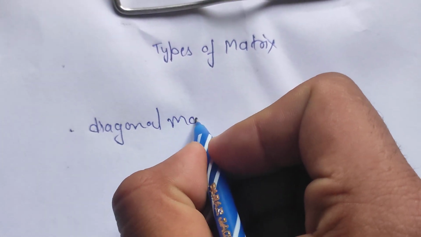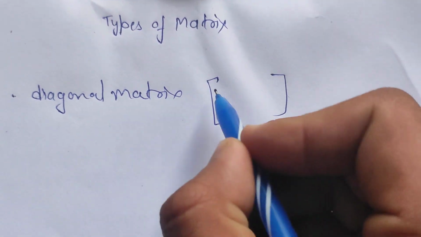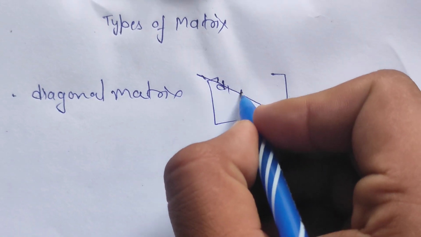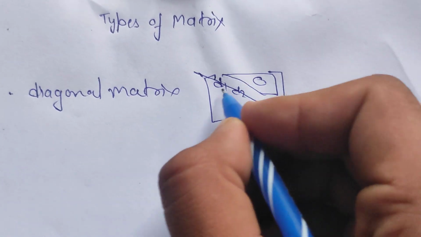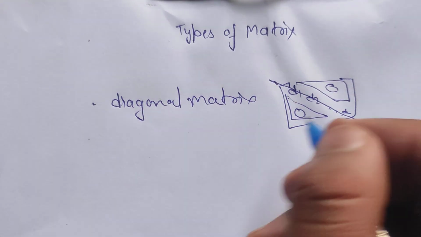The diagonal matrix is a square matrix whose diagonal entries are d1, d2 and so on up to dn, and the remaining part is 0 on both sides. Then the matrix is said to be a diagonal matrix.